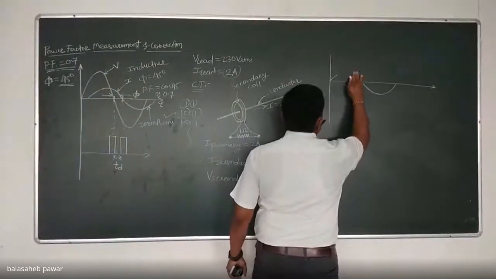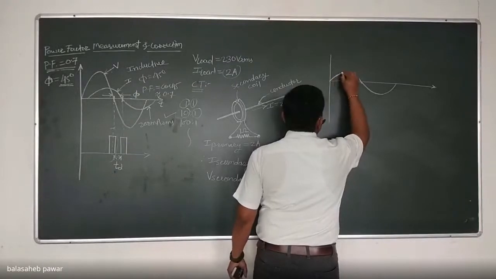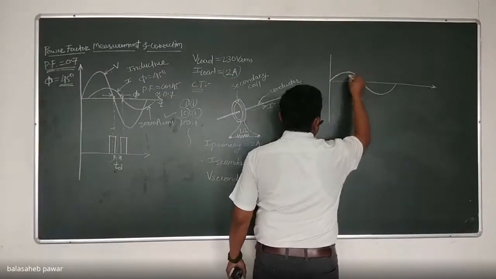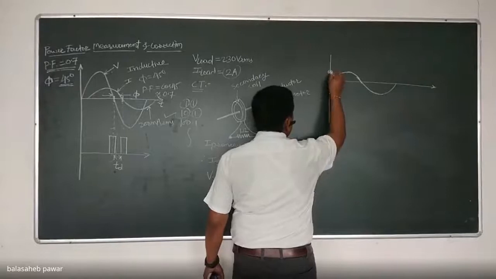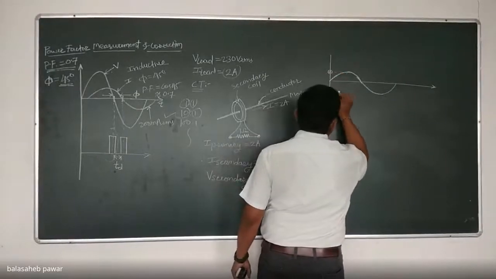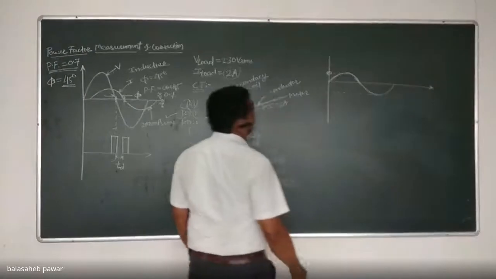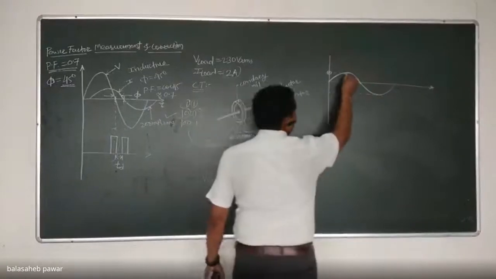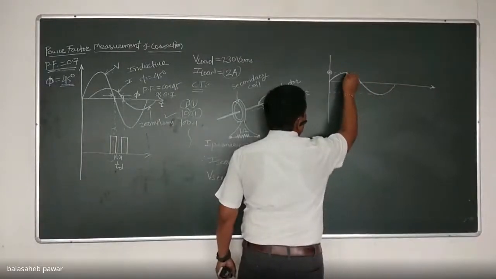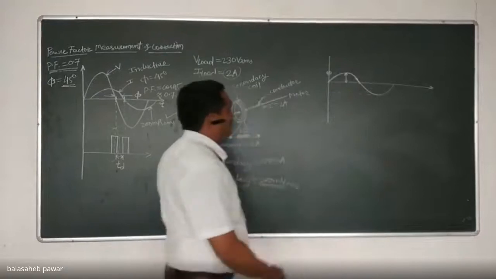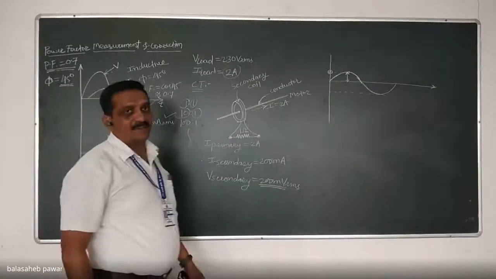Now, how much will be the peak voltage? If I want to show this AC drop across that 1 ohm resistor in terms of peak, how much will it be? Calculate it. That formula you know. Vrms equals Vm by root 2.